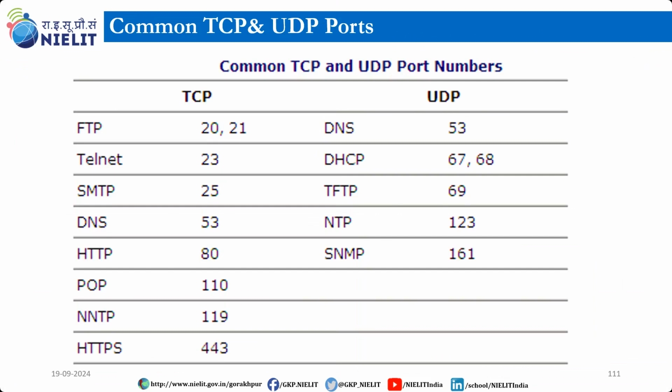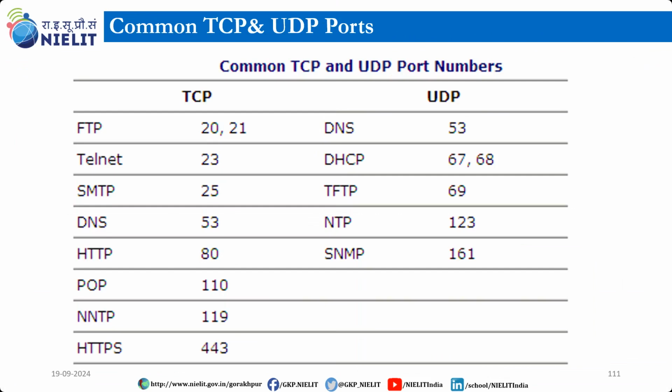So if you want to block some services, suppose you want to block TFTP services in your organization, you have to block UDP port number 69. You want to block incoming or outgoing, so you have to decide accordingly.